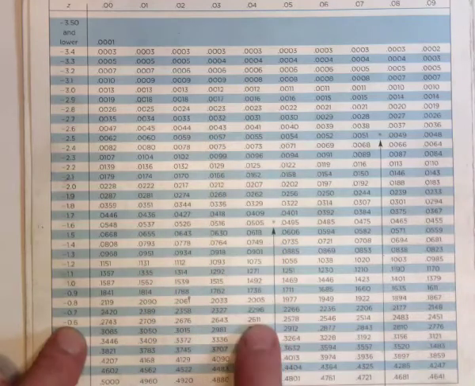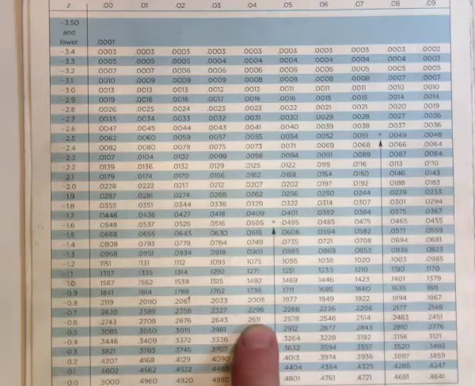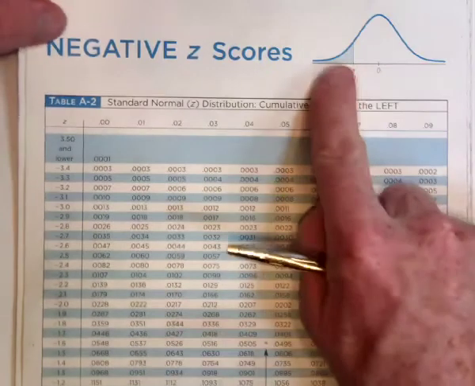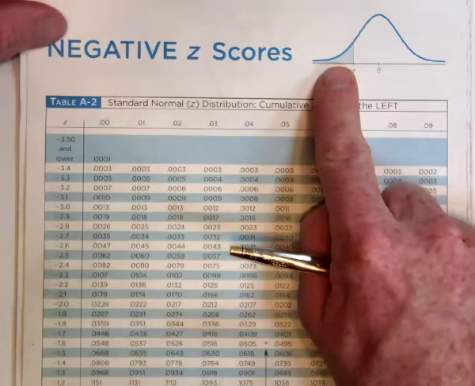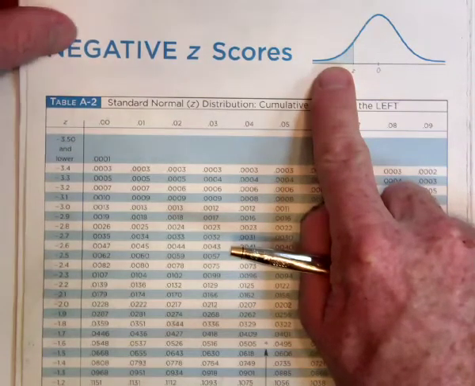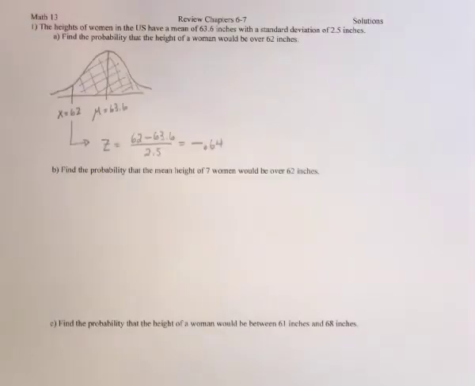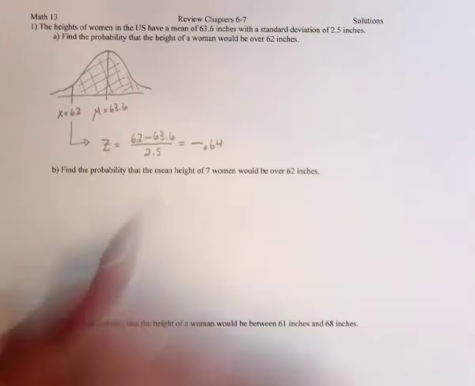So you just find out where they cross each other, and that's a 2611, so 0.2611. And also notice that at the top it tells you these probabilities that you find, they're here for the left tail. So it was a 2611 that's then used for this left tail.